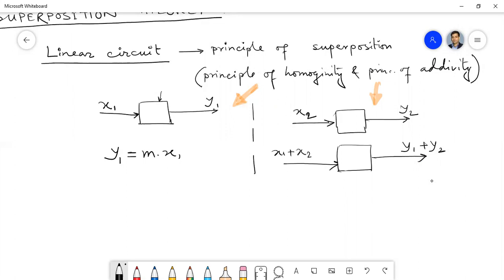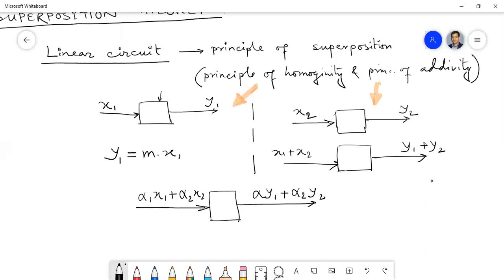Now if I club these two, we get the principle of superposition, which says that if I apply some linear combination of inputs, we should get the same linear combination of the outputs also. So this is called the principle of superposition.